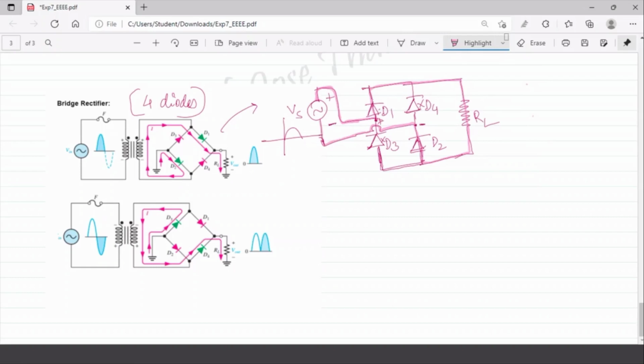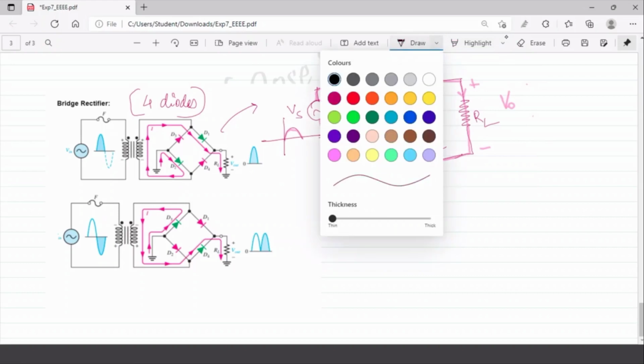Hope everyone can see. This is the path of current in the positive half. If you see, the current is from this positive to negative here. Output voltage.